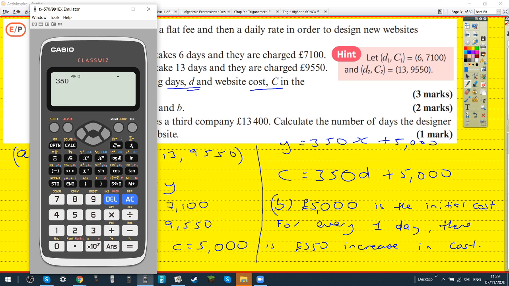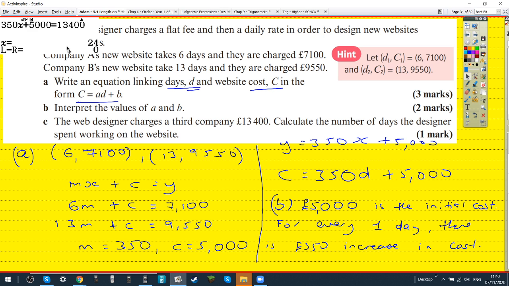It's 8,400. And then you just divide it by 350. Which is 24. 24 days. Looks good. And if I just put it in like that, shifts off 8. So answer checks out.